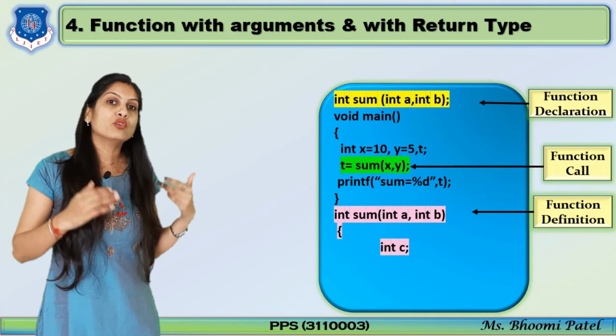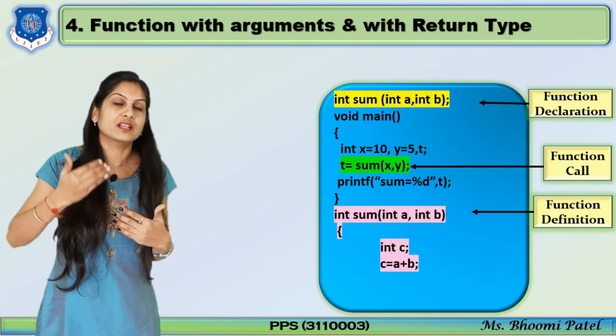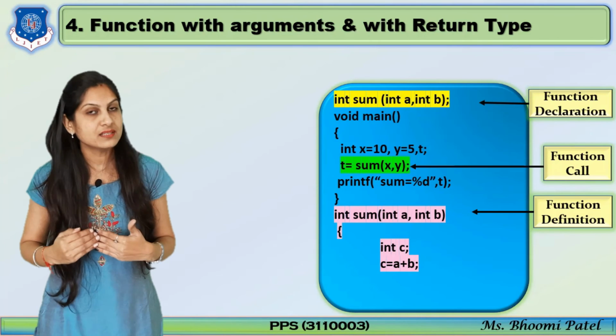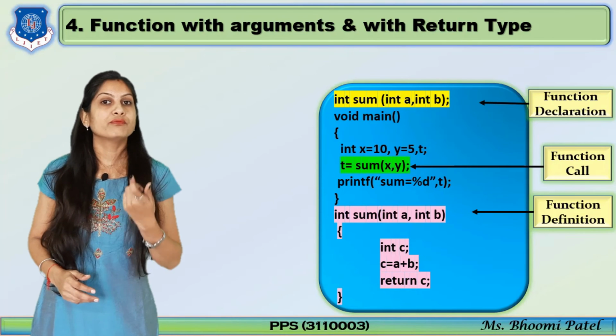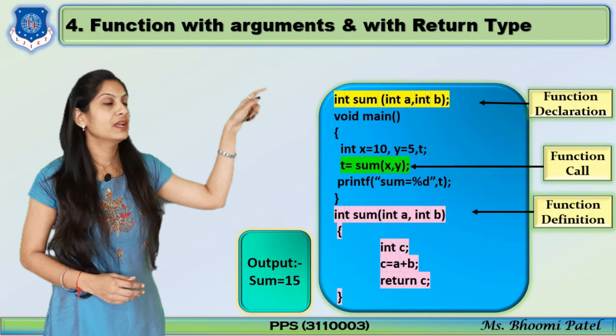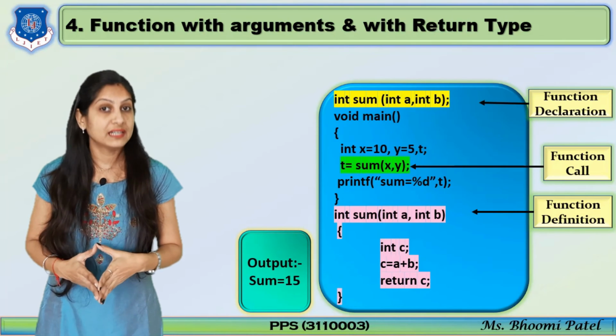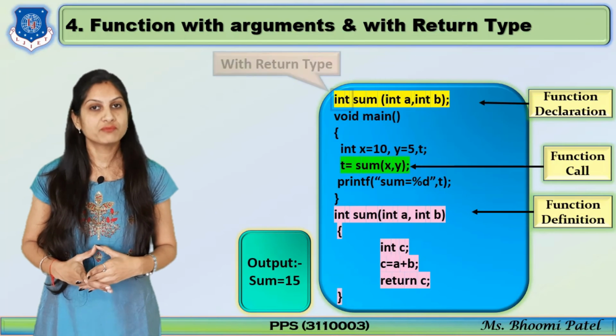Now this c value we are not printing here because the category is with return, so we have to add a return statement. So we have to write return c. So the answer 15 will be returned in the function call in void main, and that value will be stored in t, and the final output is printed like sum equals 15.